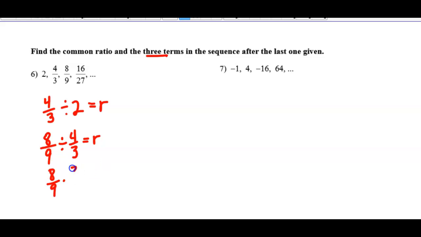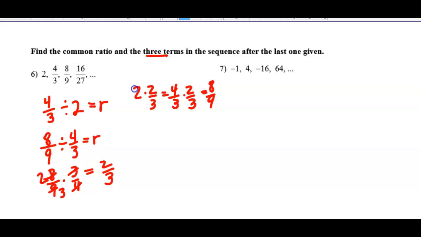I'm just going to quick flip this guy over and, whoops, yeah, 8 goes in there. Okay, I get 2/3. Let's see. 2 times 2/3 would be 4/3. And times 2/3 again would be 8/9. Okay, that seems to be working. So I got R is 2/3.